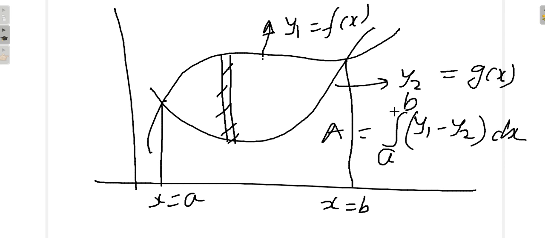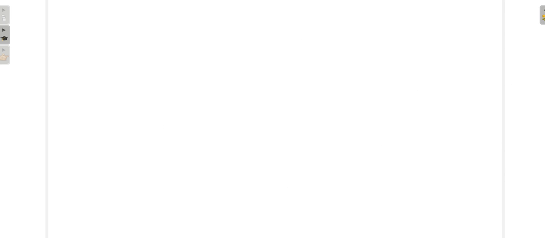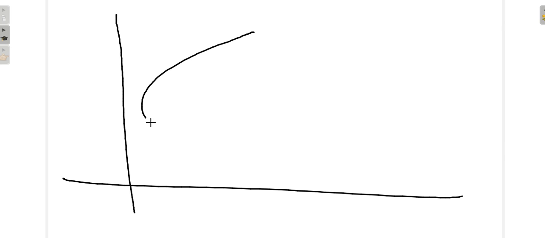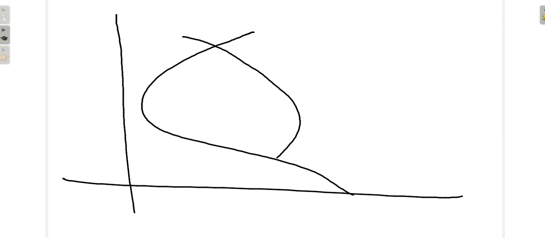Sometimes it is necessary to take a horizontal strip when you are asked to find area under a curve, it depends upon the situation. So let us consider another situation like this. The two curves given are like this. Suppose now if you take a vertical strip, what will happen?